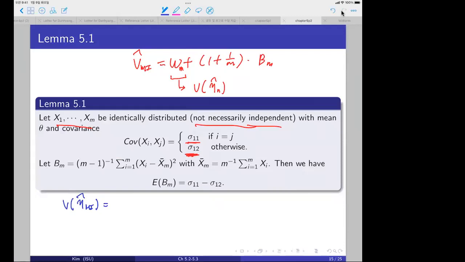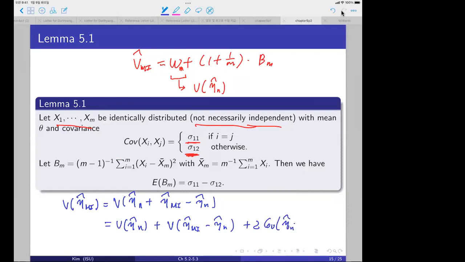Okay. So then you can write it as a n plus eta hat mi minus eta hat n. And so you can write it as n plus variance of eta hat mi minus eta hat m plus 2 covariance of eta hat n and eta hat mi minus eta hat n.